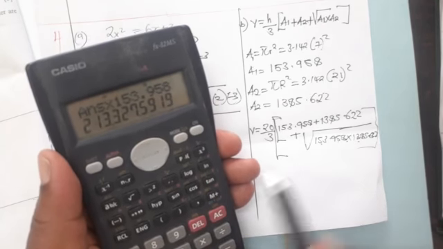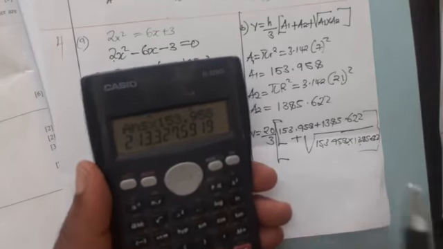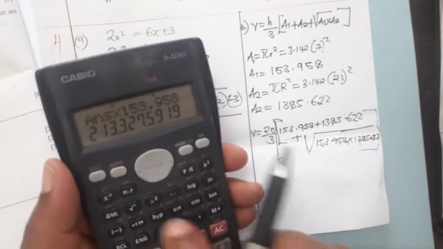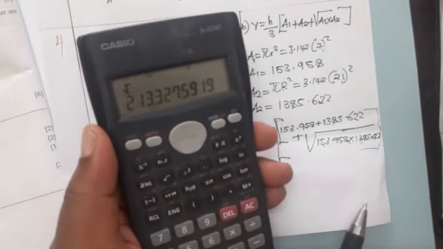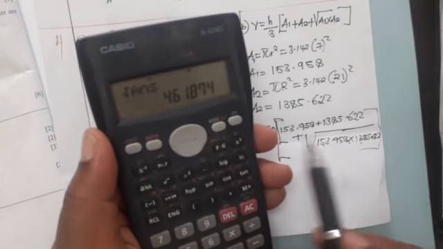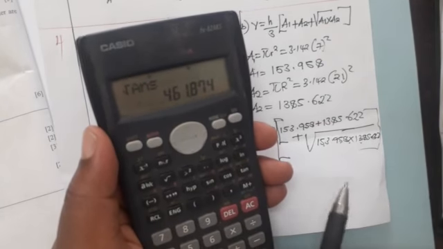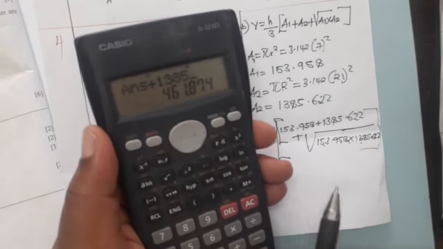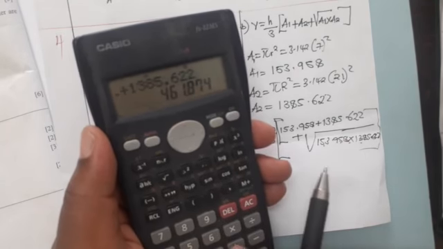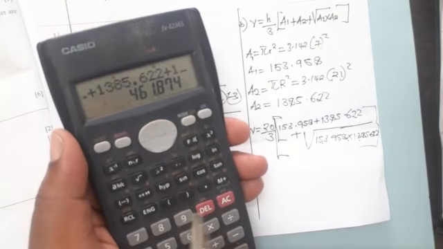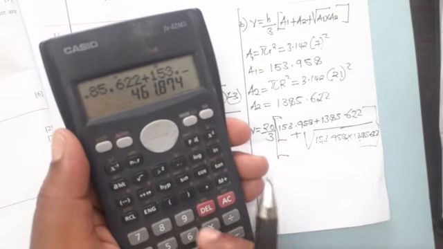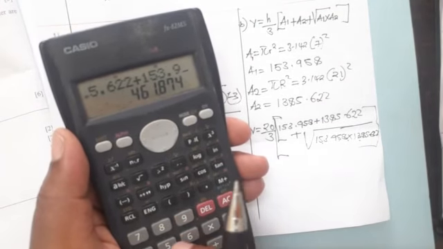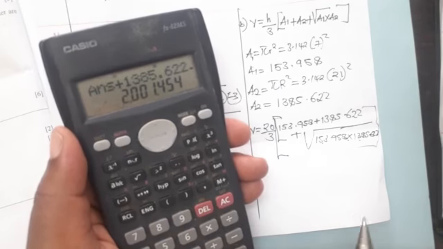When you multiply here, this is what you are going to get. Now, you don't need to worry. Just punch the square root directly to calculate, you'll get this one. Then add this. You say plus 1385.622 plus 153.958. What is your answer?